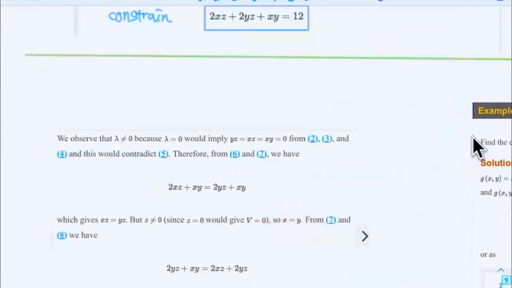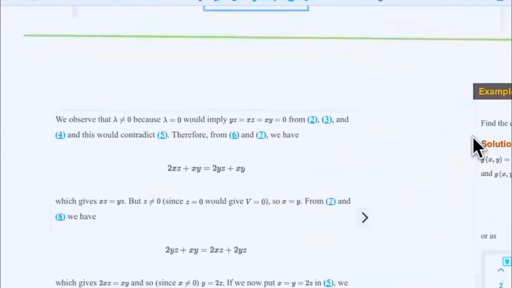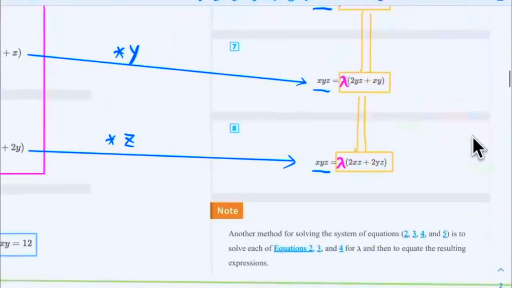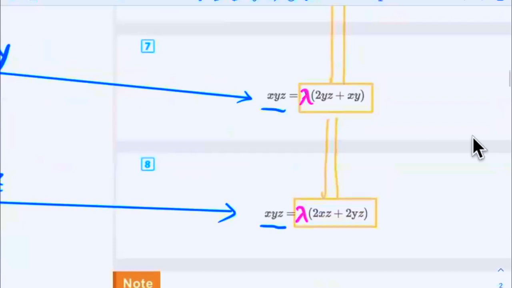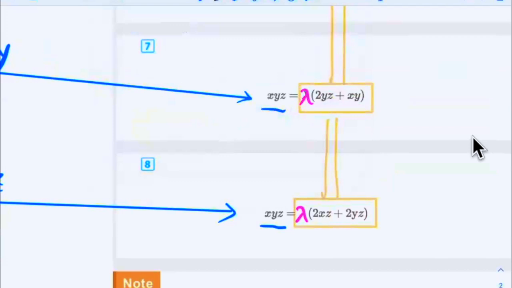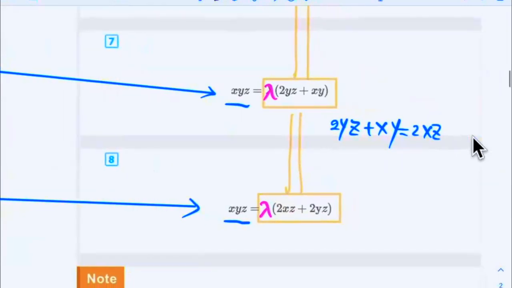Okay. And similarly, when we set these two equal, lambda is not equal to 0, what do we have over here? Let's do the algebra. So we'll have 2yz plus xy equals 2xz plus 2yz.